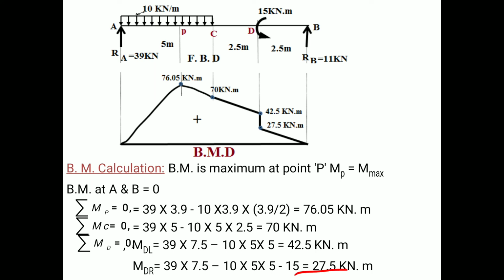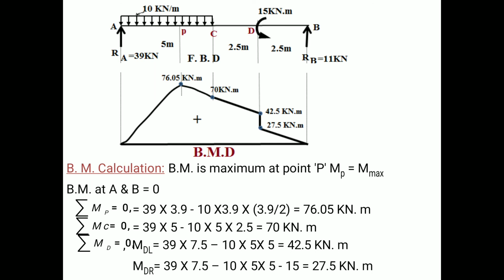Therefore we have 27.5 kilonewton meter as the bending moment right of D, and again at point B we have 0 value.